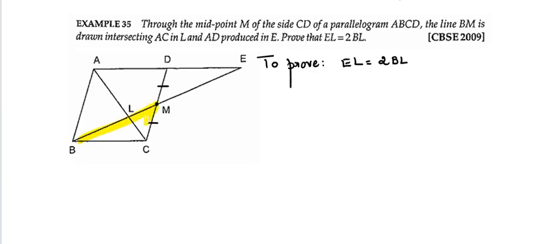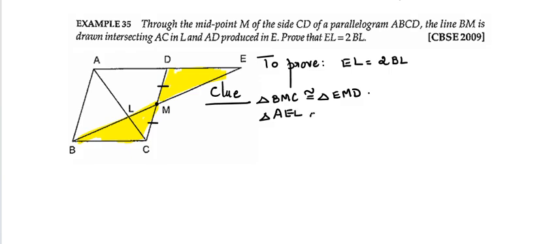Do some shading. These two triangles, yellow triangles, are the clue in this sum. Triangle BMC congruent to triangle EMD we have to prove, and then triangle AEL similar to triangle CBL you have to prove.